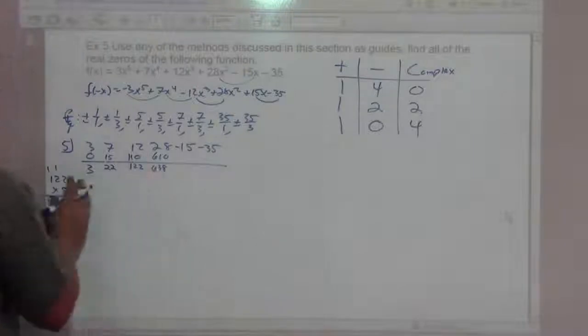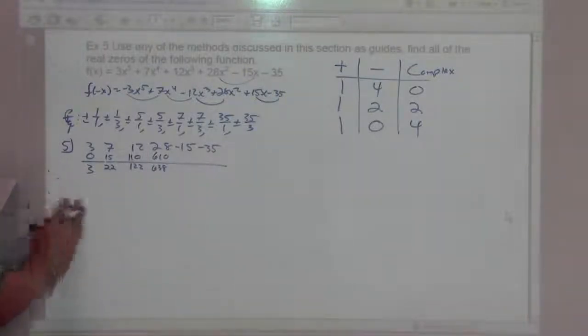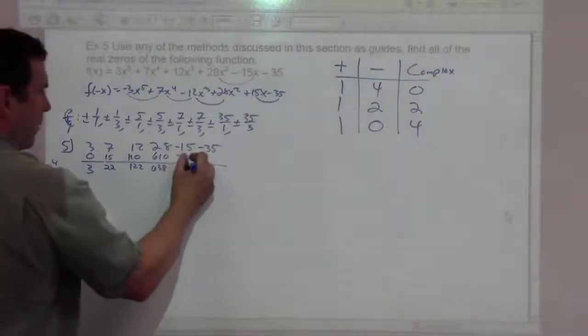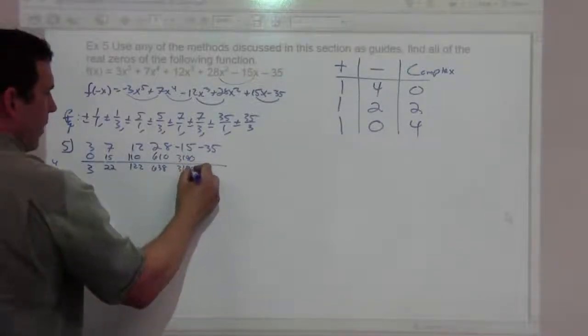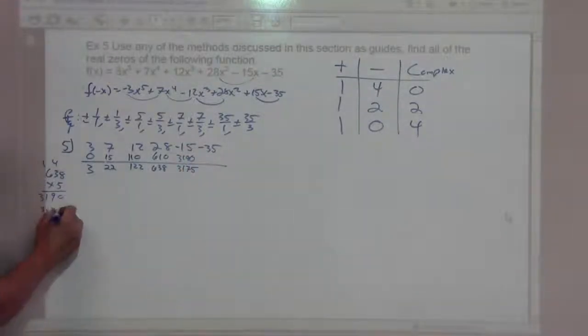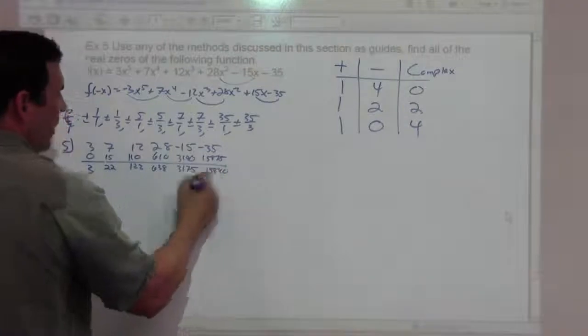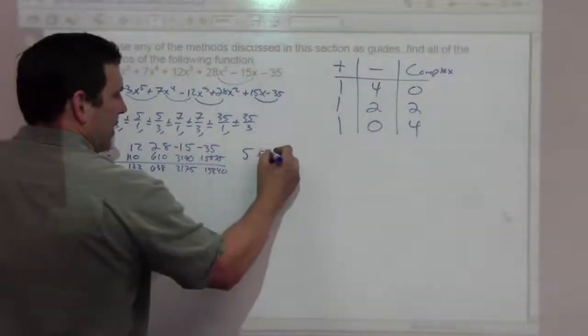And then we have 5 times 638, which is 3190, plus 15 is 3205... 15,875, and that's 15,840. All positive, so 5 is an upper bound.